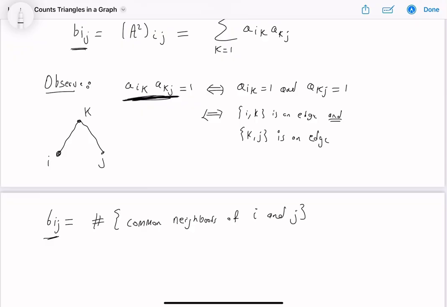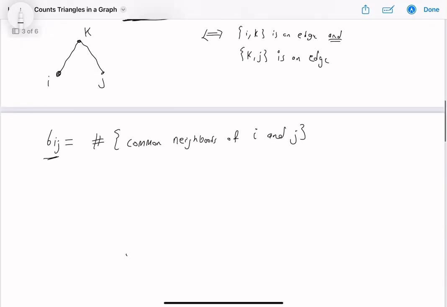And this is exactly what we need for triangles, because a triangle is just like an edge together with a common neighbor. So let me explain. If i and j are two vertices and they're connected, meaning if we know that Aij is equal to 1, then triangles are formed by a common neighbor k. So if k is some common neighbor of i and j, then this is how we form a triangle.